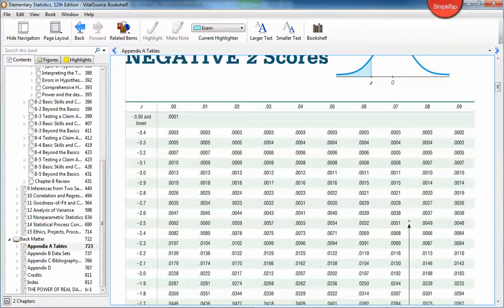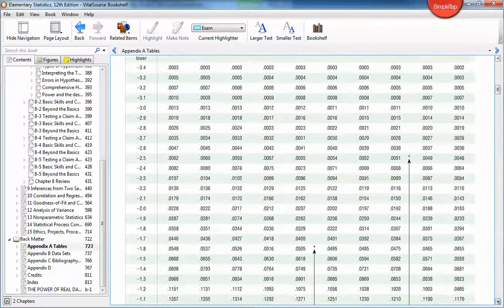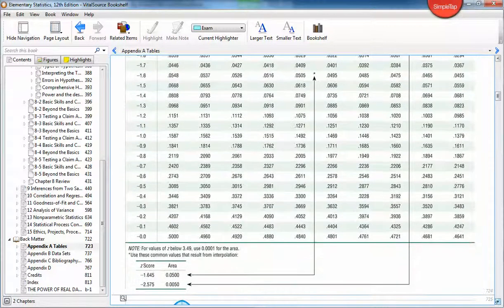All right, so decimal 0.2, and that's as close as we can get. 0.0256. That's a z-score of negative 1.95. Let's just check the box down here, see if there's any special value. No, they don't give us a special value.